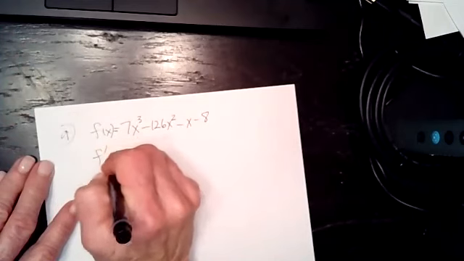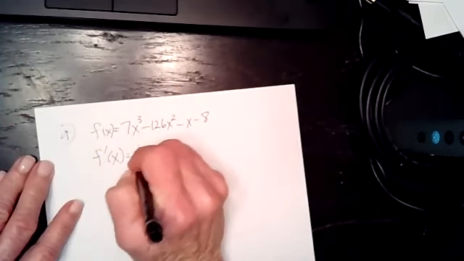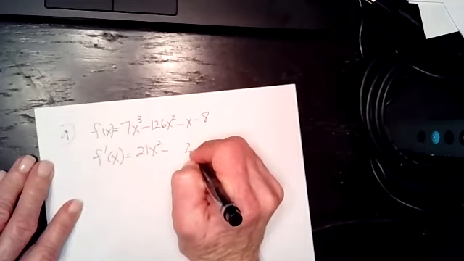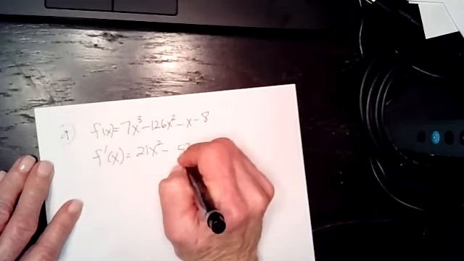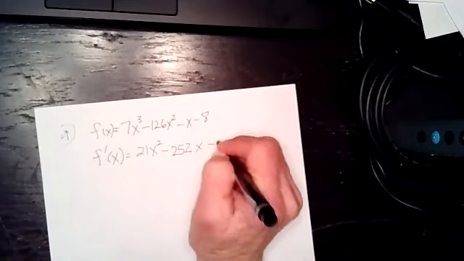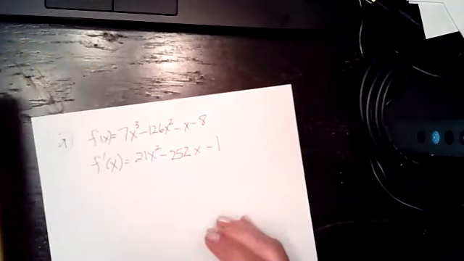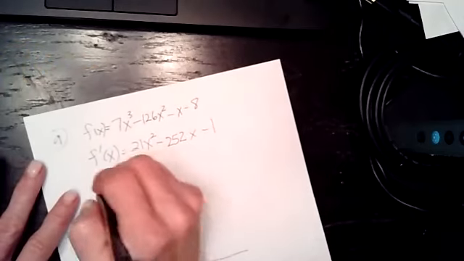We're going to take the first derivative, 21x squared minus 252x minus 1. Let me make sure that 126 times 2, I don't want to mess anything up. It's 252. All right, thank goodness I don't have to factor that.